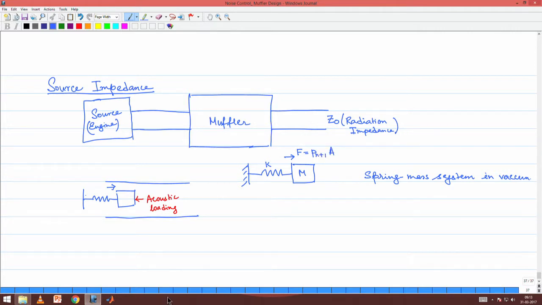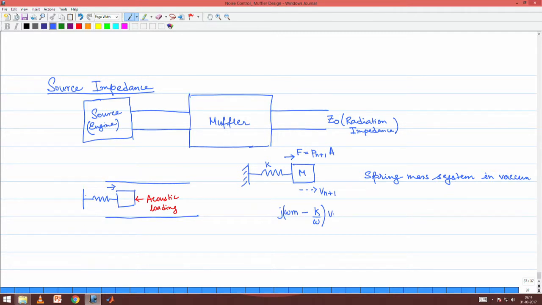Okay? No issues. So, in that case I can always write j omega m minus k by omega, which is the impedance of this spring mass system, multiplied by the velocity of this mass. What is the velocity of this mass? We will call it V n plus 1. Okay. The nomenclature of n plus 1 will become apparent as we go along.